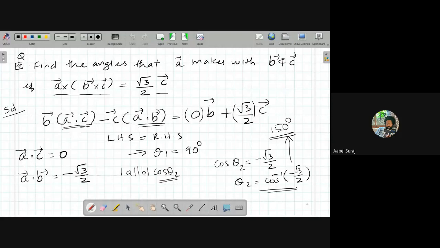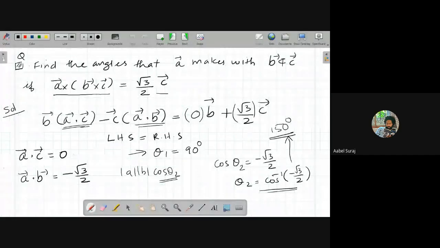When you're discussing angles, we are only looking into dot product results.